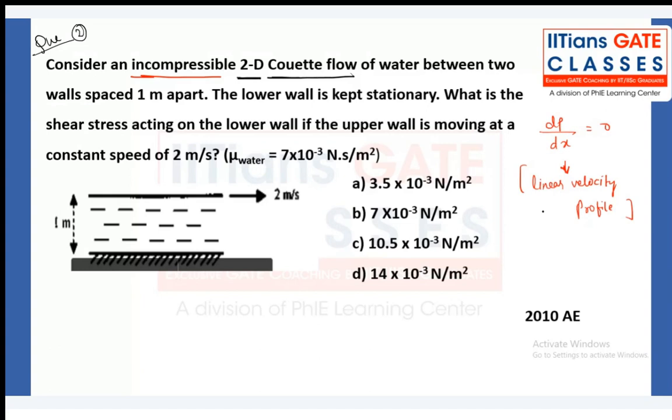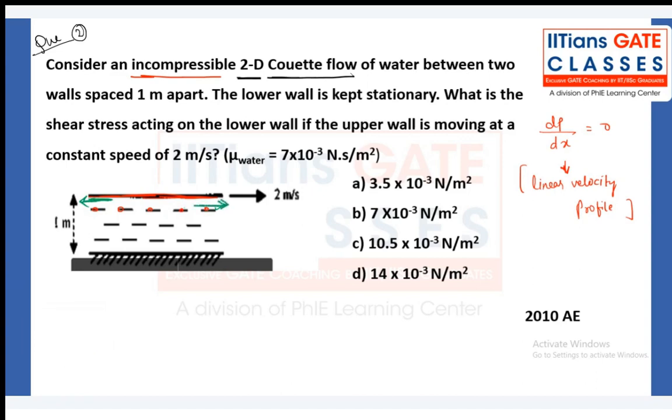This type of flow where the pressure gradient is 0 in the x direction is called viscous driven flow. How are we seeing the viscous driven flow? Because the plate is moving, the fluid particles near it will also be moving. Why? Because this fluid layer will try to oppose the motion of the plate.